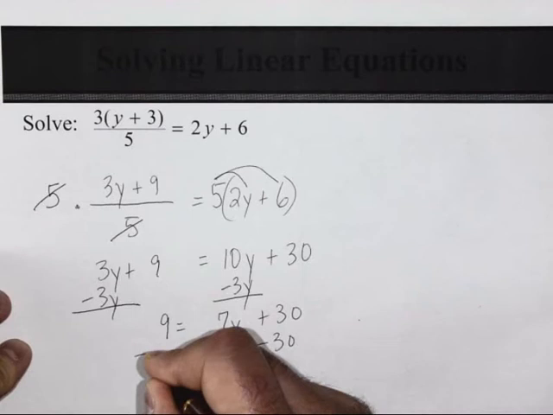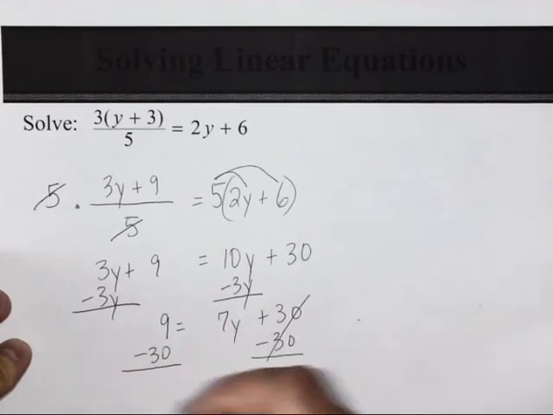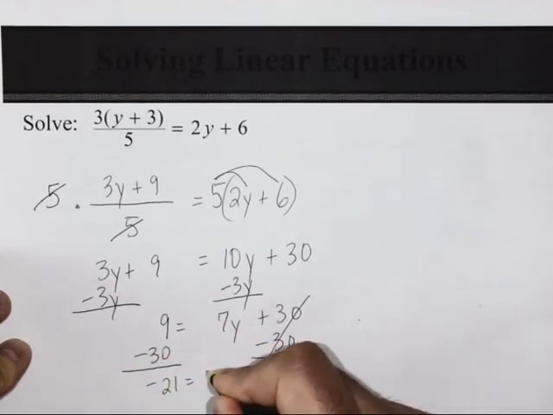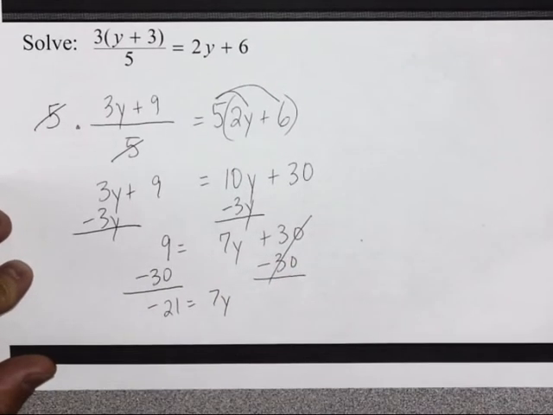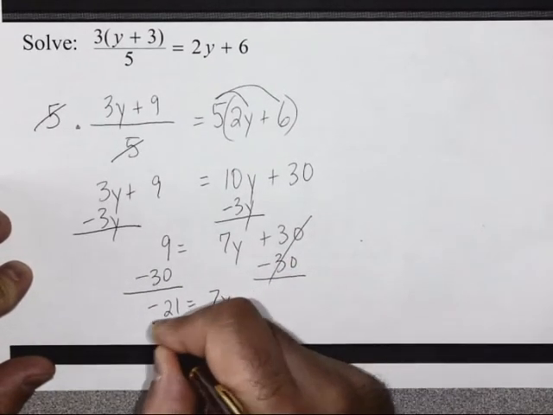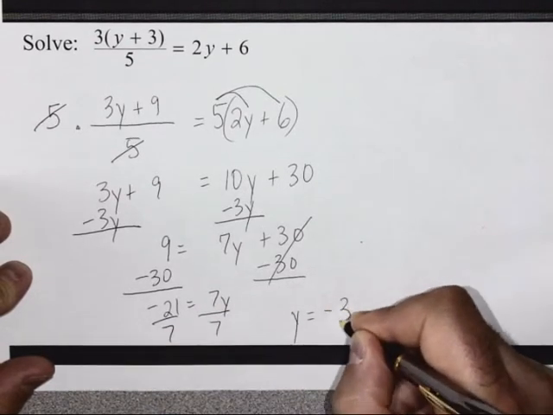Minus the 30. Finally, do the division. So y equals negative 3.